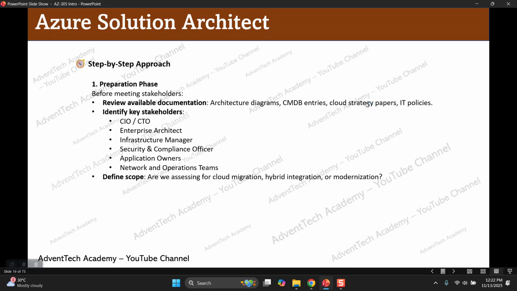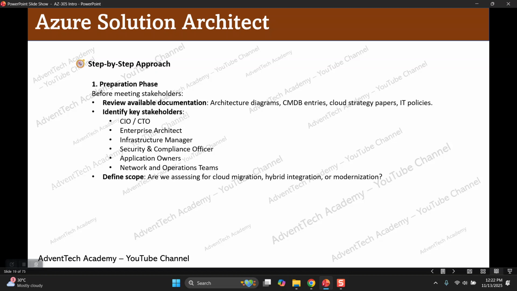As a solution architect, we need to schedule a call with key stakeholders like CIO, CTO, enterprise architect, infrastructure managers, security and compliance officers, application owners, network and operation team. We need to interact with these key stakeholders and gather the relevant information.